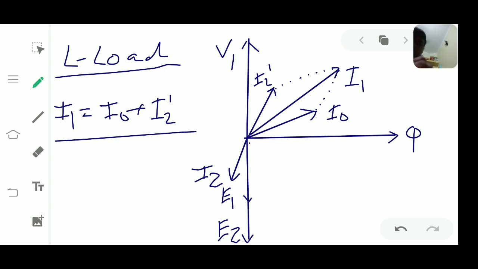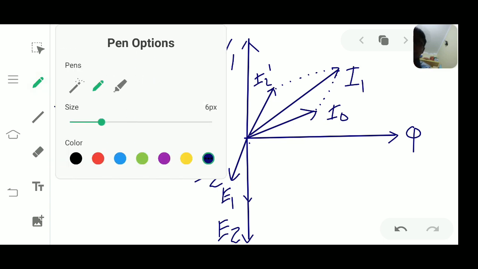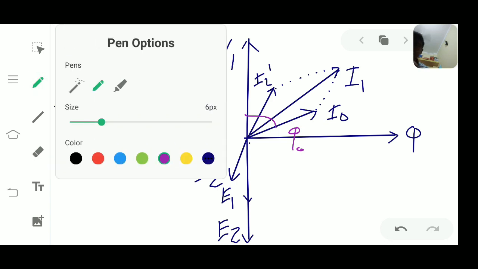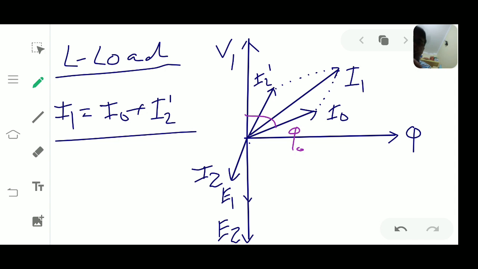Now the angles. Let me change the color for your better understanding. This angle is phi naught, that is the no load power factor angle. This is another angle, between V1 and I1.